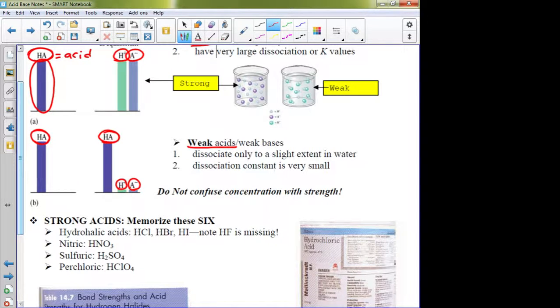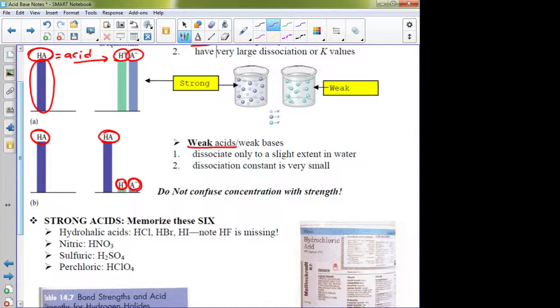Now, because I say weak acid, does that mean it's not very acidic? No, it doesn't mean that at all. All we mean in terms of strong and weak is that strong means it dissociated completely. All of it broke apart. And if it's weak, only a little bit of it broke apart.